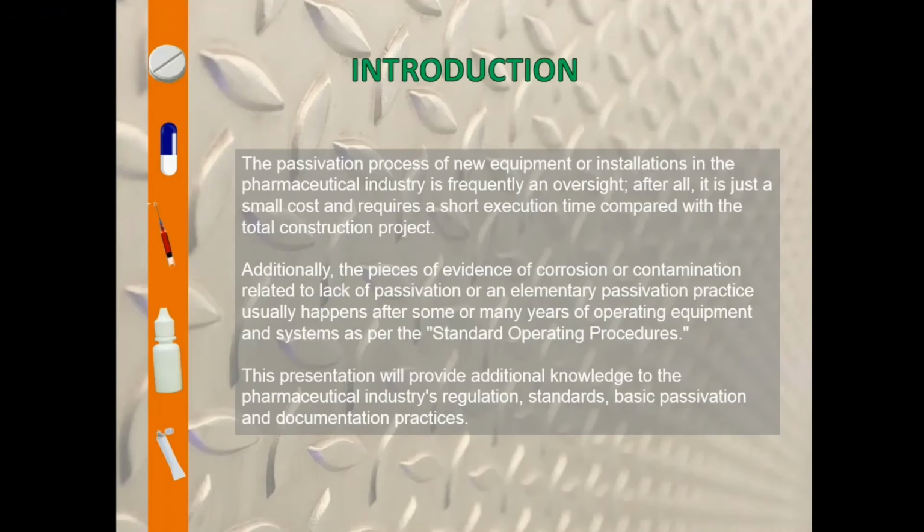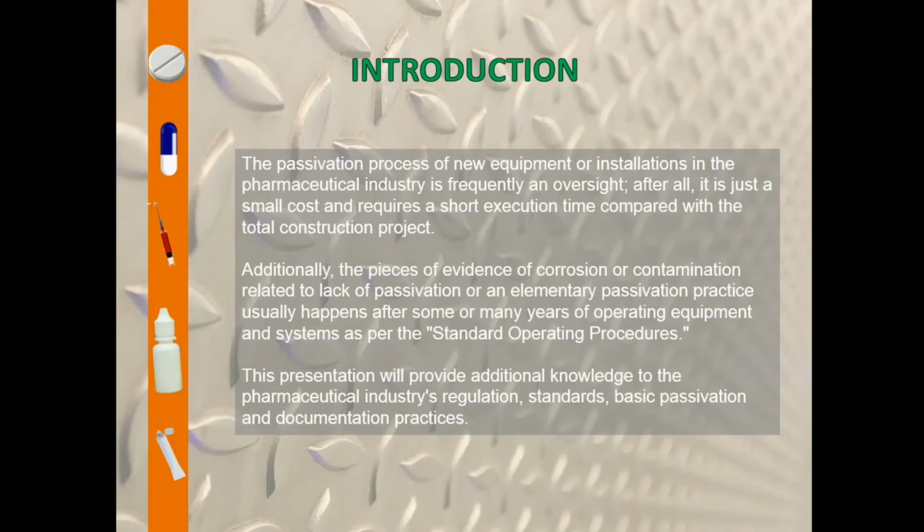Usually, the passivation and related documentation in the construction or commissioning of a new piece of equipment in the pharmaceutical industry is an oversight. After all, the passivation cost and execution time represent only a small fraction of the total project. To make the matter worse, the consequences of an elementary passivation are not immediate.